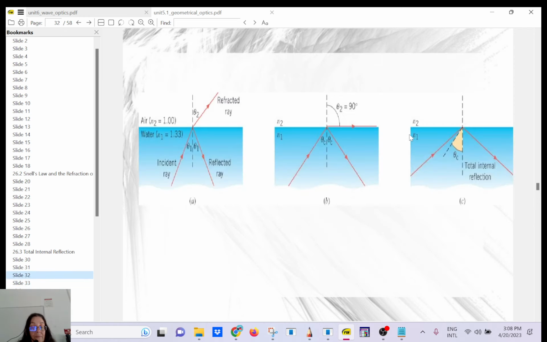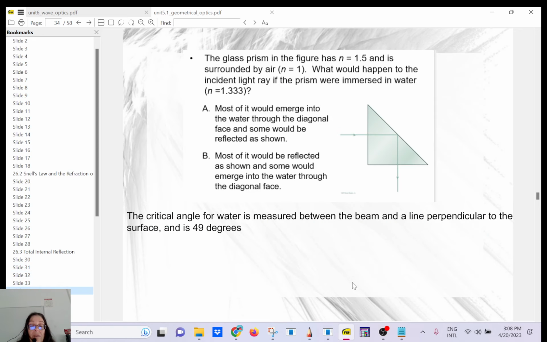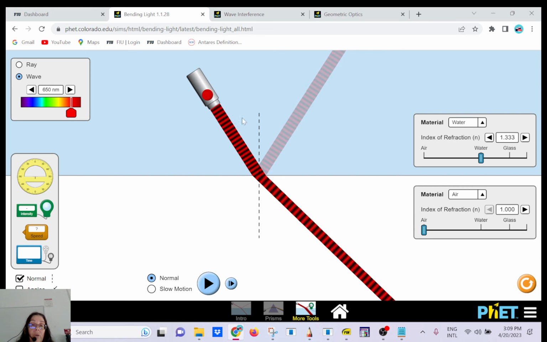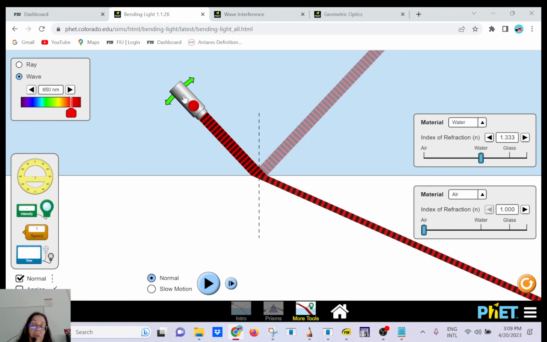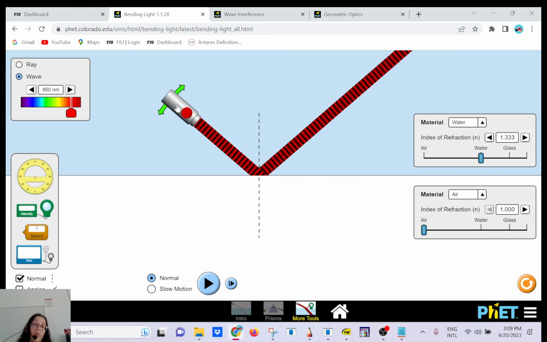It depends on the incident angle. If you have a small incident angle, then the light can escape. Once you hit a specific angle, and there's an equation for that, boom, it cannot escape. It's trapped inside. See that?